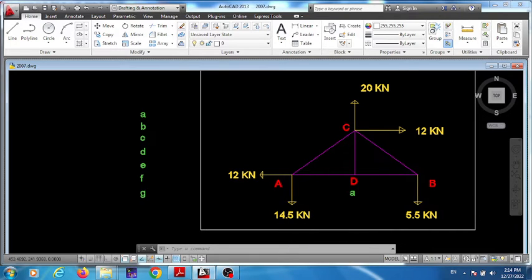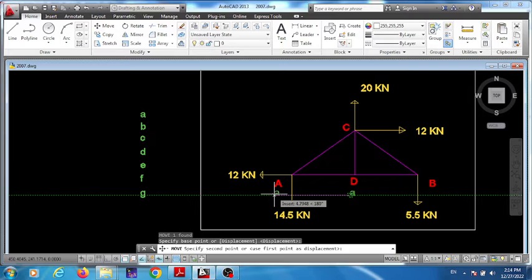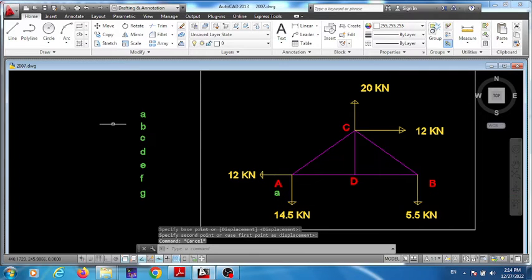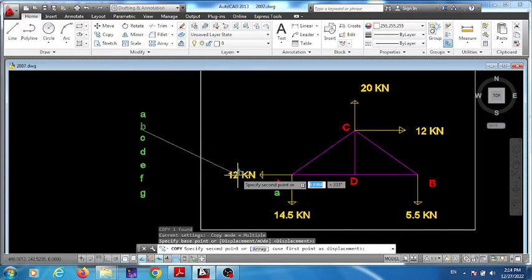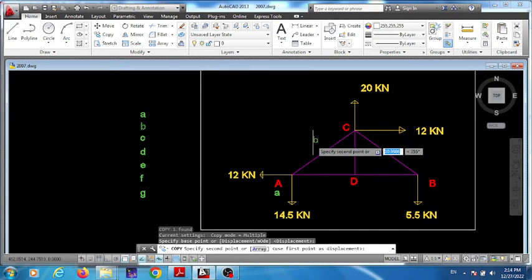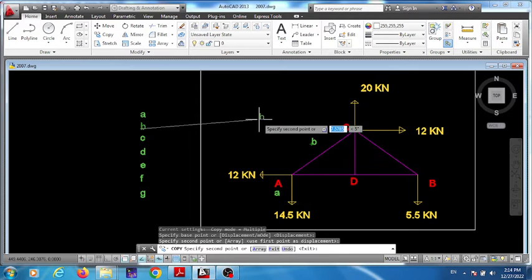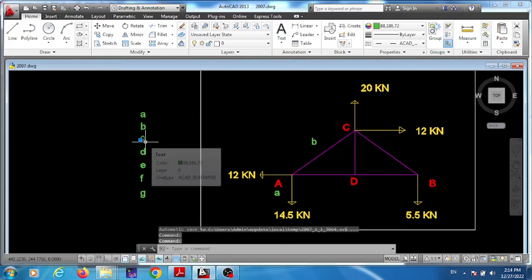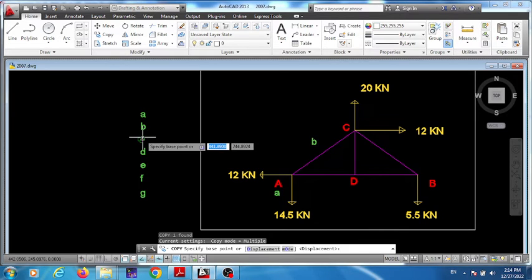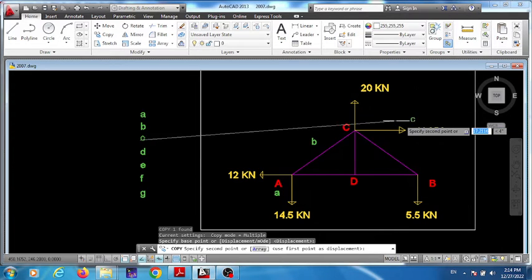Okay, so we'll just put the A here. Next we will put the letter B in between the 12 kilonewton and 20 kilonewton space. Next we will put the letter C in between 20 and 12 kilonewton.